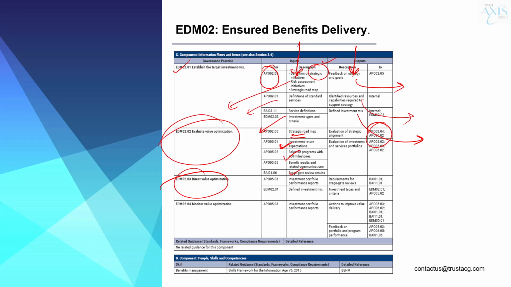After reviewing this, you must curate the outcomes that would clearly define the requirements for the stage gate reviews. Like at what point stage gate reviews must be conducted, what is the criteria for that, which will ensure ongoing governance during the execution. It will also define the investment types and criteria, right?